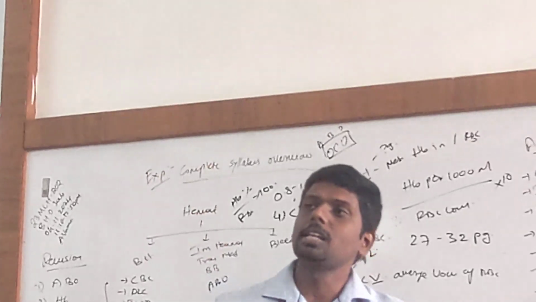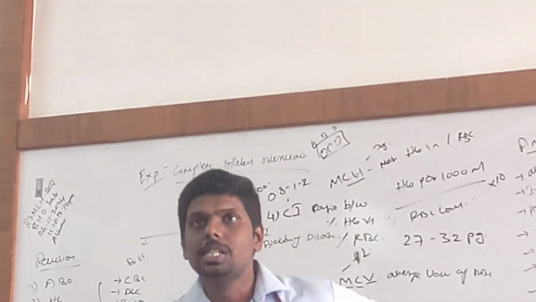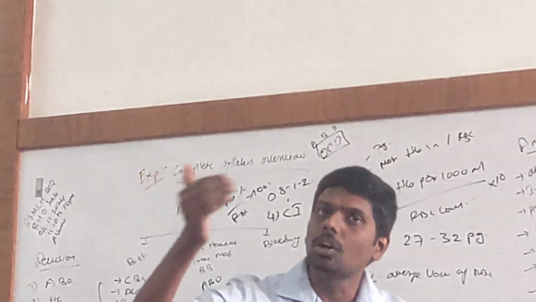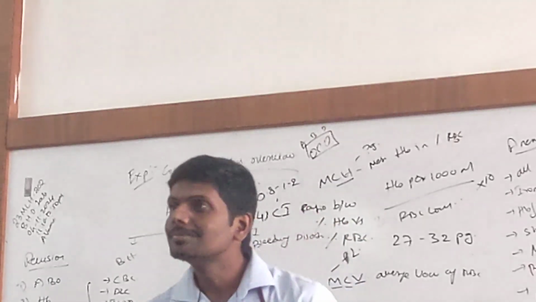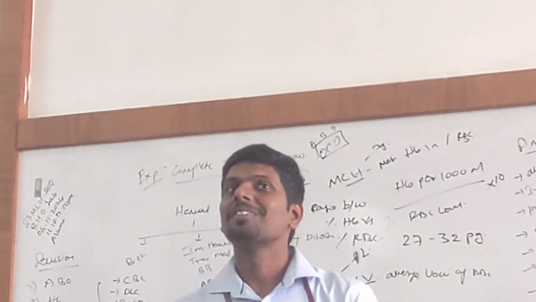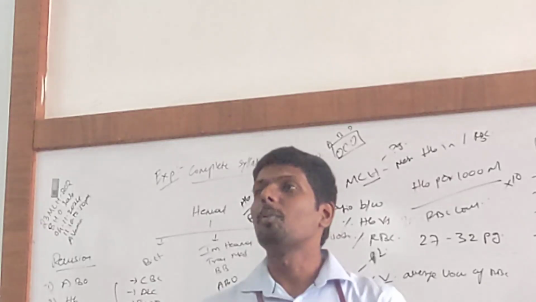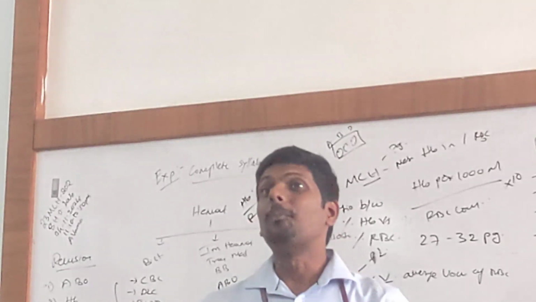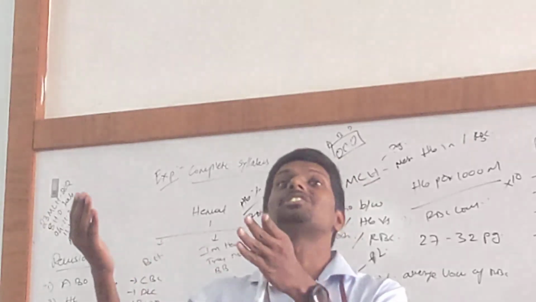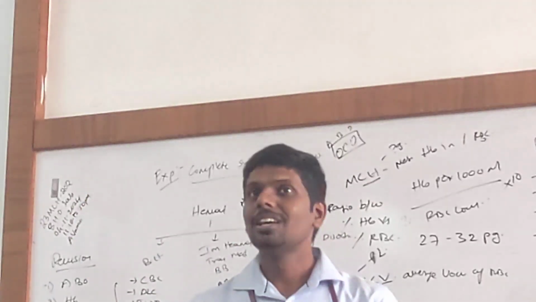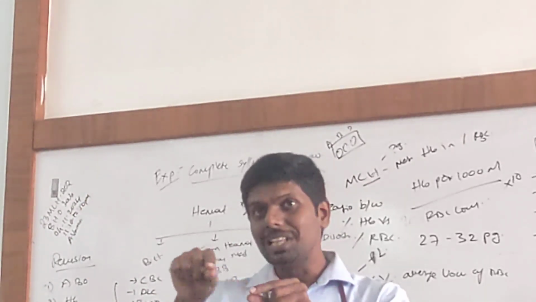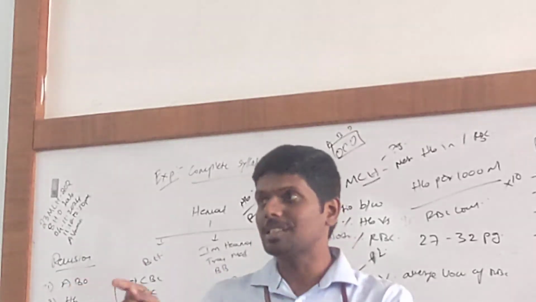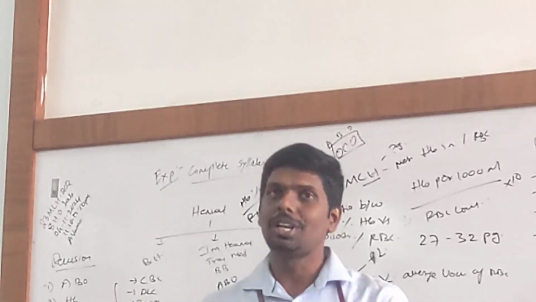Everyone clap for this side. Neutrophils. That is why neutrophil is also called polymorph, many morphology cell. Because the number of folds in the nucleus will increase depending on the age of the neutrophil, polymorph cell.